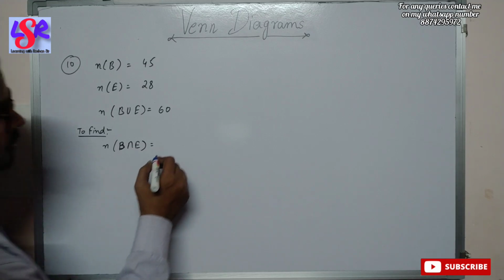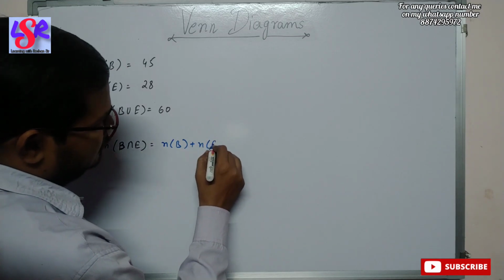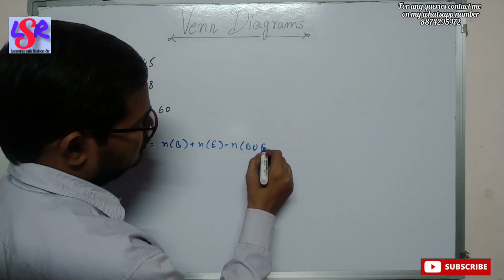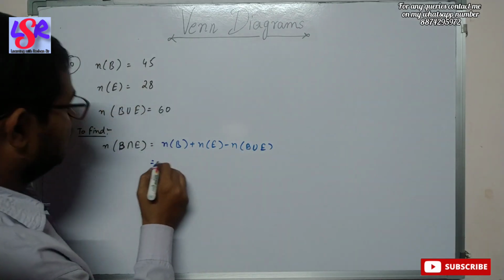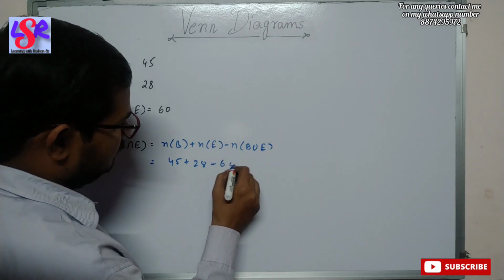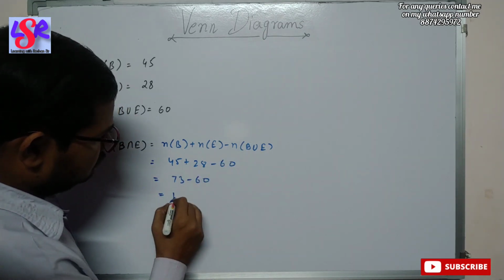So here we are going to use the formula n(B) plus n(E) minus n(B union E). So here we have 45 plus 28 minus 60, that is 73 minus 60 equals to 13.